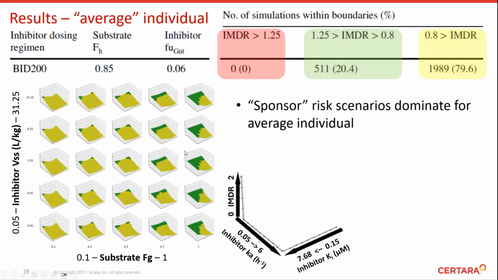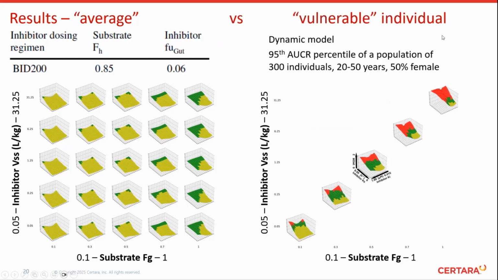But when we look at the vulnerable individuals, so the dynamic models, we take into account the population variability and look at the 95th percentile. So the most vulnerable individuals in this is with healthy volunteer population simulations, 300 individuals.